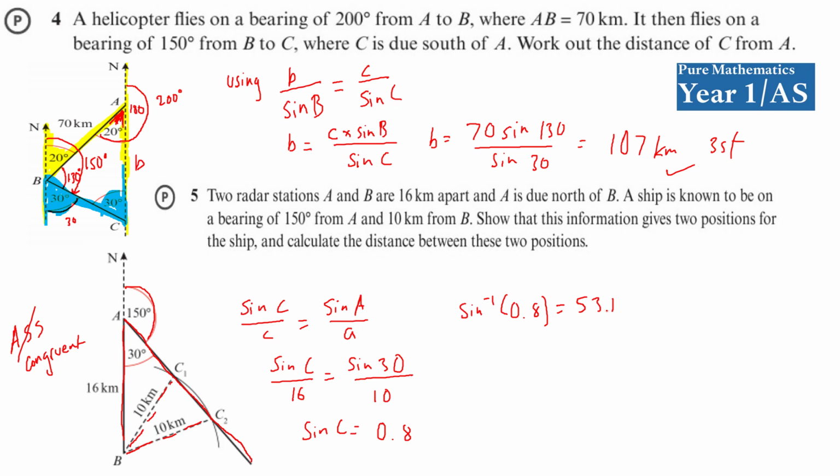Now, if you inverse the sine of this answer, you should get 53.1 degrees. Now, if you remember the sine graph, it repeats and its period is 360. You need to remember that 180 minus, say, x will still equal the same answer.